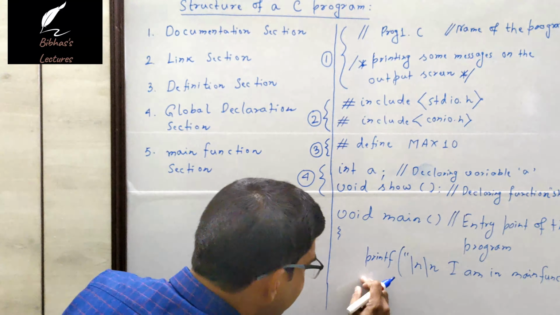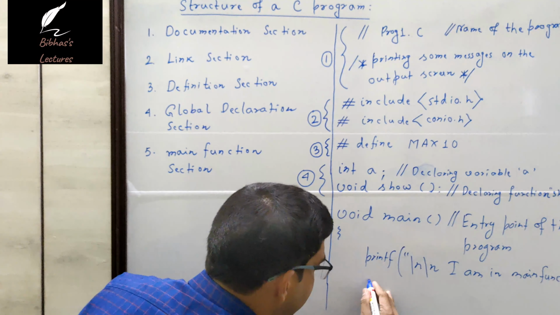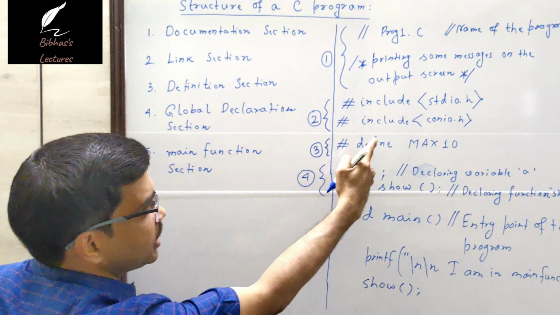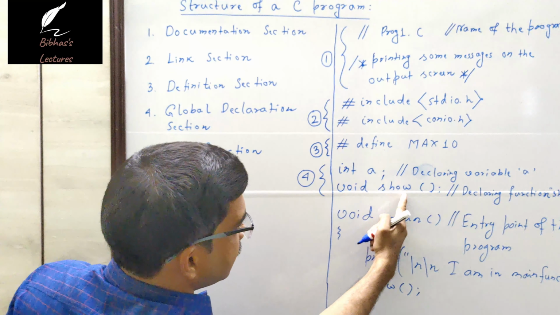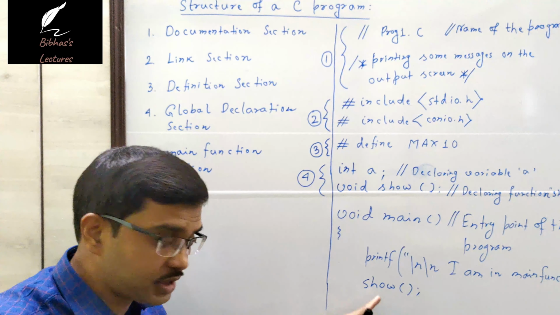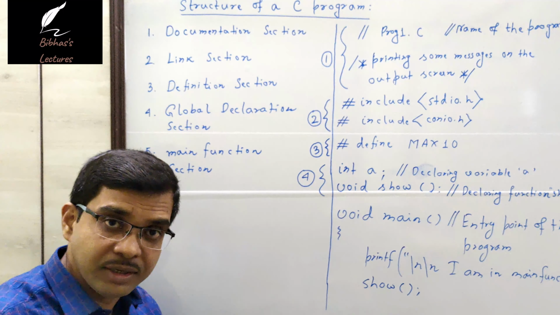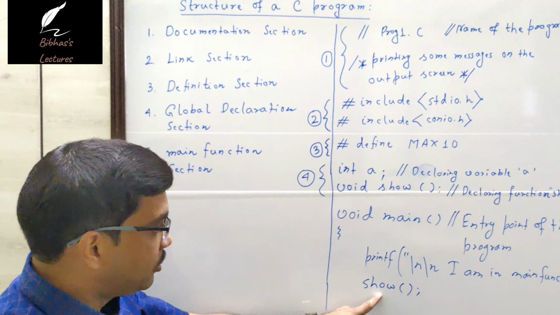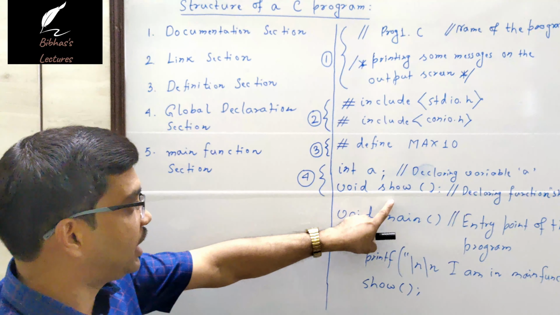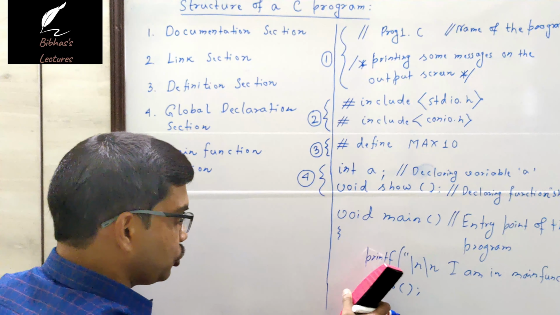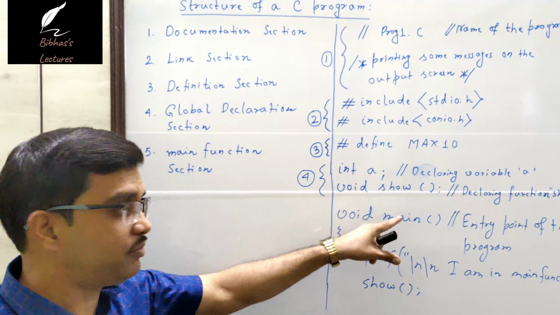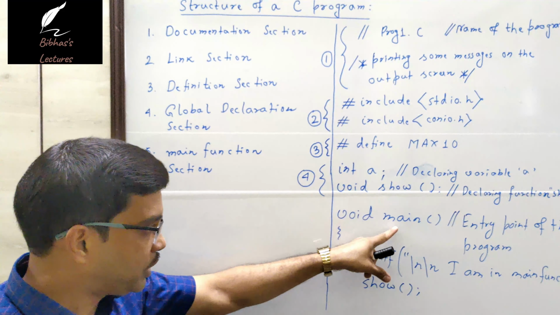Now after that, from the main function I am calling the show function. The show function I have already declared in the global section. Here show is a user defined function that we are going to define. Since main needs to know who show is, we have declared it before the main function, in the global section, so that we can call it.